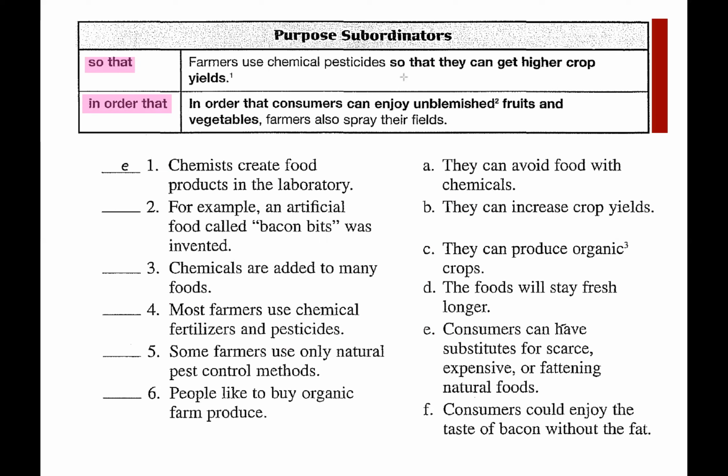As you can see here, farmers use chemical pesticides so that they can get higher crop yields. That is the purpose, right? In order to get higher crop yields. Or we can put our dependent clause first: in order that consumers can enjoy unblemished fruits, meaning perfect, with no flaw, and vegetables, farmers also spray their fields.